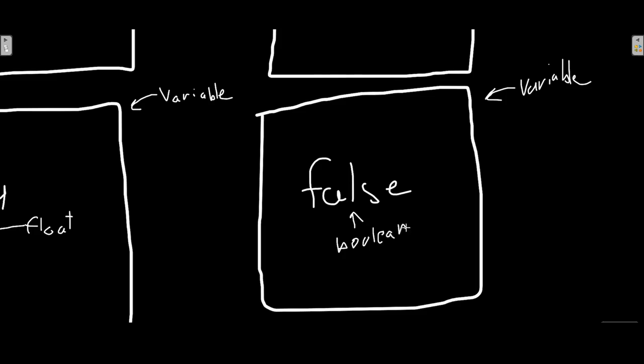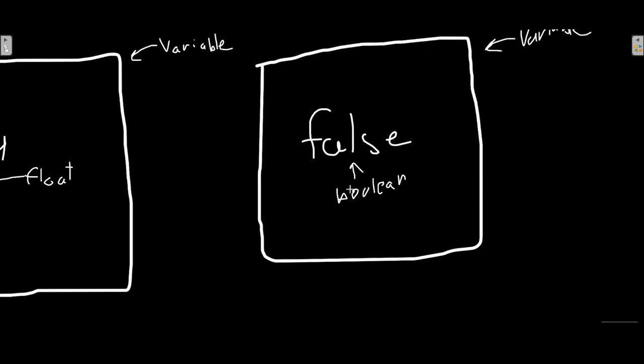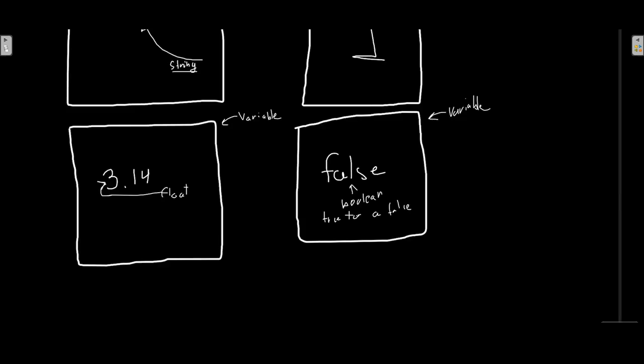His last name was Boole, and he was one of the founding fathers of Boolean math and Boolean algebra. A Boolean is basically a true or a false. A Boolean can hold one of two values. It could hold a true, which is not our case, or it could hold a false, which is. That's all we need to know.